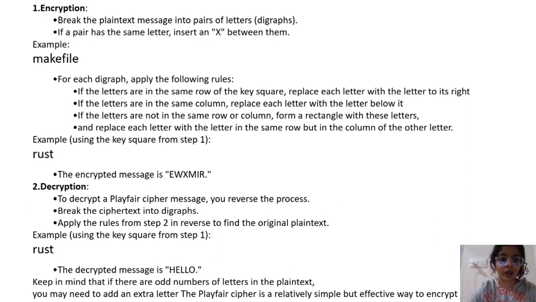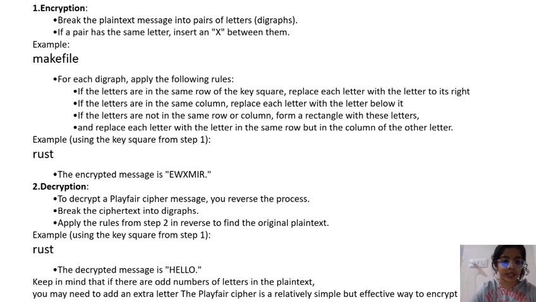If the letters are in the same column, replace each letter with the letter below it. If the letters are not in the same row or column, form a rectangle with these letters, and replace each letter with the letter in the same row but in the column of the other letter.